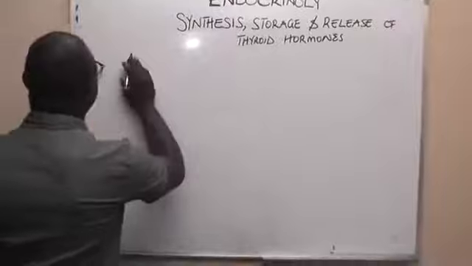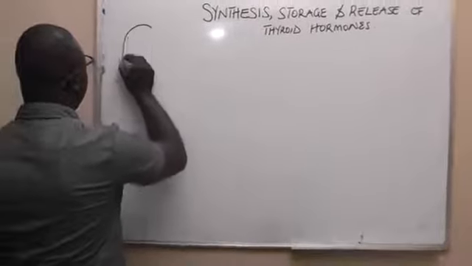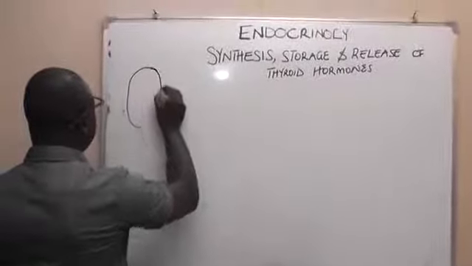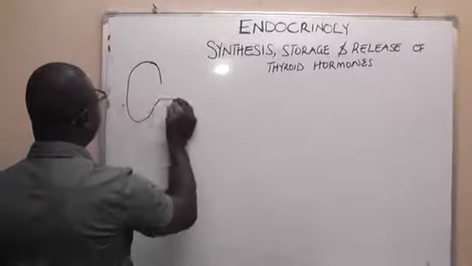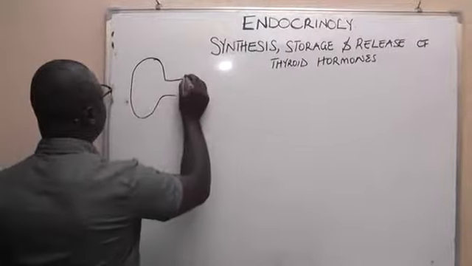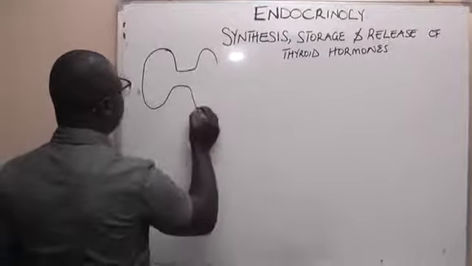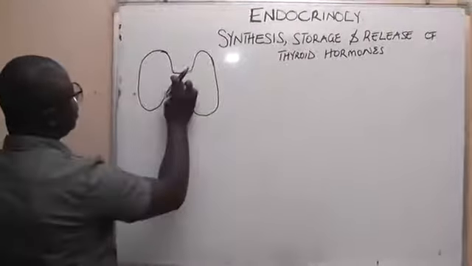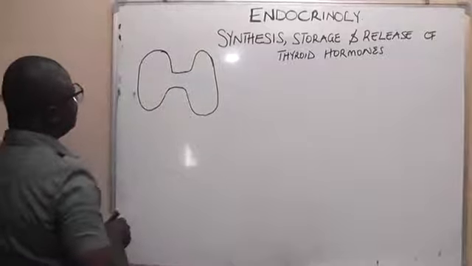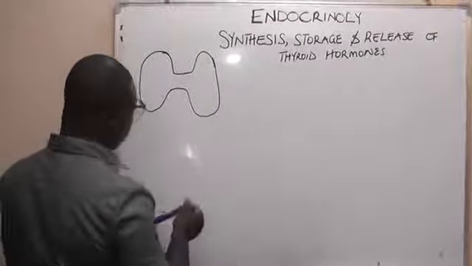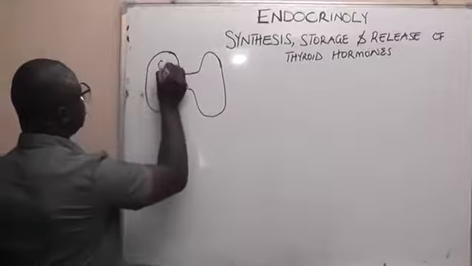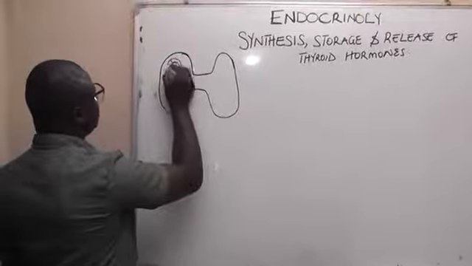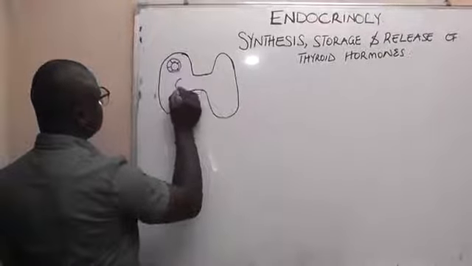So what I'll do now is just to have, let's have, okay, so let's assume this is the thyroid gland, right? This is the isthmus, and then within this structure we have some cells known as follicular cells.